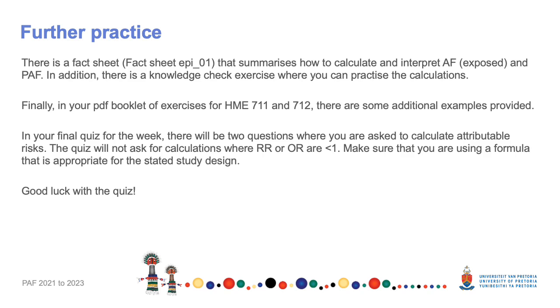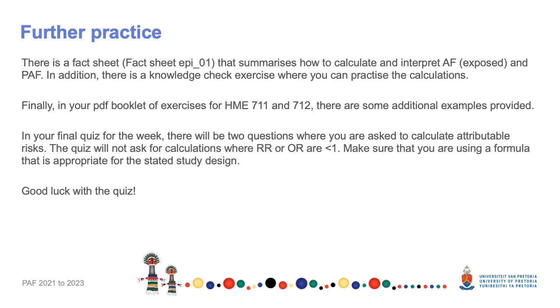In closing, I'd like to point out that fact sheet EPI 01 summarizes all these formulae for you, so you don't have to memorize them. You can go and look through that, and it's a good way to revise for your quiz, because I'm telling you now that there will be 2 questions in your quiz which ask for attributable fractions.